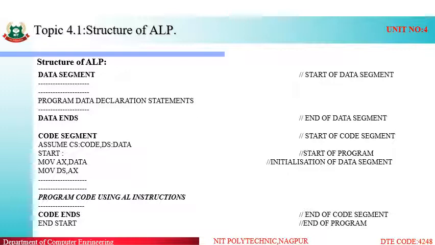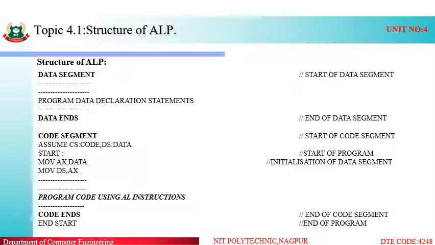Data segment is stored in a separate memory location, so we have to initialize that data segment. So these first four instructions, from assume cs colon code ds colon data to mov ds comma ax, will be present in every assembly program we write.